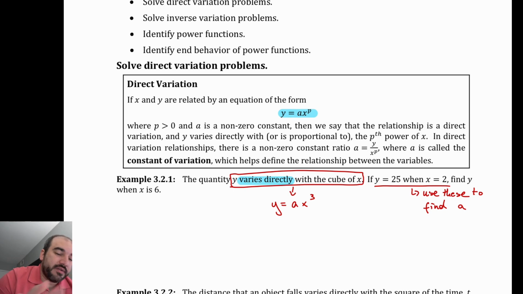And then finally you get to what the question is asking, which is to find y when x is equal to 6. Once you know what a is, you have a relationship between x and y. So then you can just plug in the x to get the y at the end. I'll say plug this in at the end.